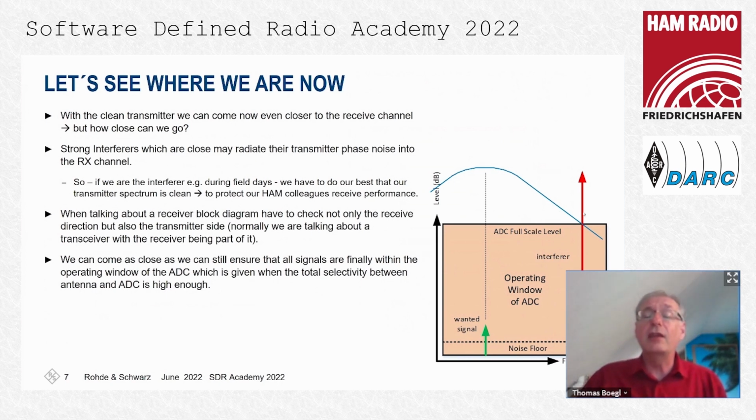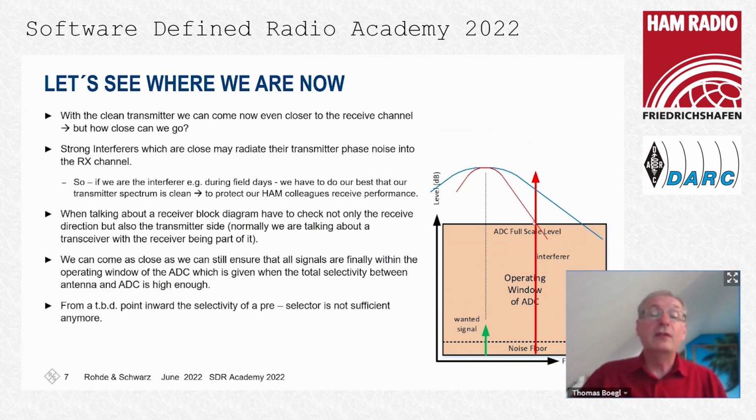We can go as close as we are still able to bring the interferer into the operating window of the ADC. So if the interferer is coming close, which is doing right now, then we need a better preselector. So it's quite simple. So that means as long as we have a sufficient suppression here, then we are still going with a direct sampling concept.